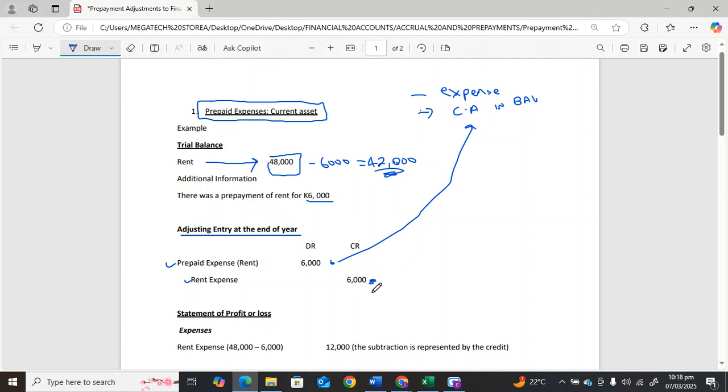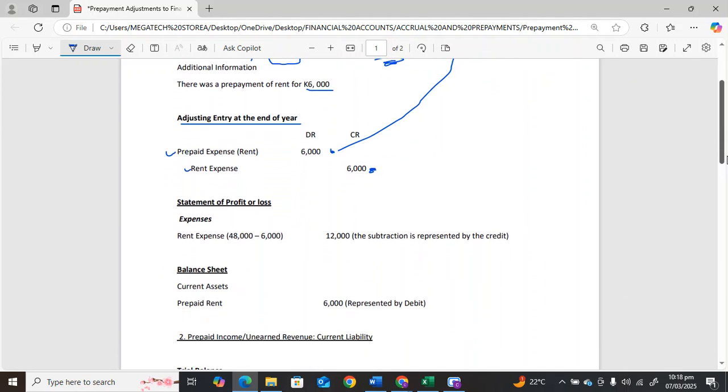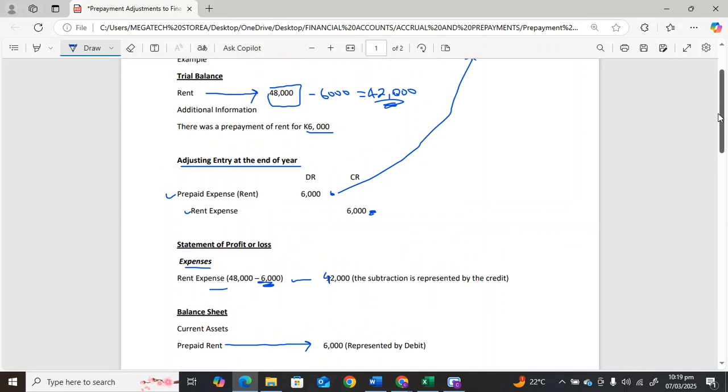In the statement of profit or loss, under expenses, rent expense, we've deducted the 6,000. This is supposed to be 42,000. Then in our balance sheet, under current assets, prepaid rent, 6,000. Any questions?